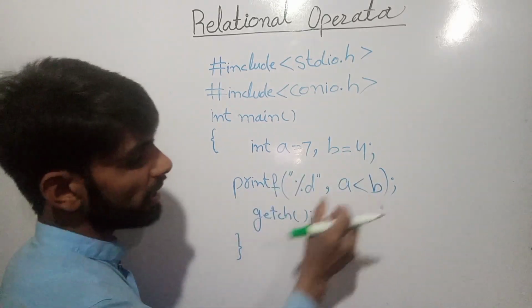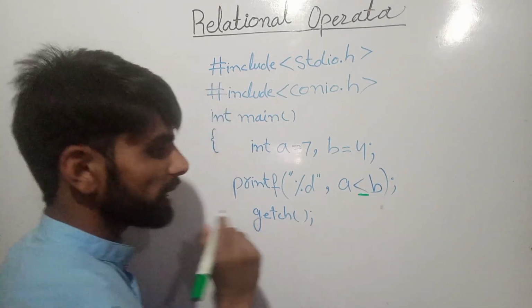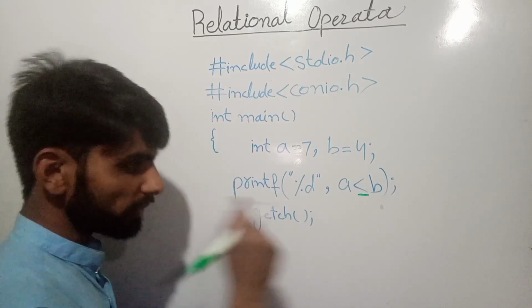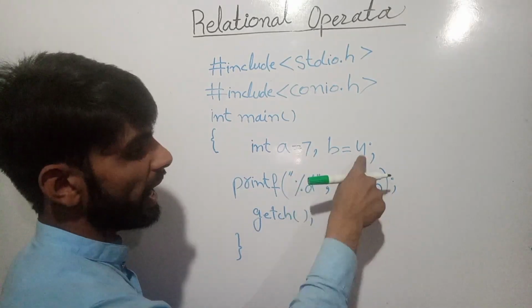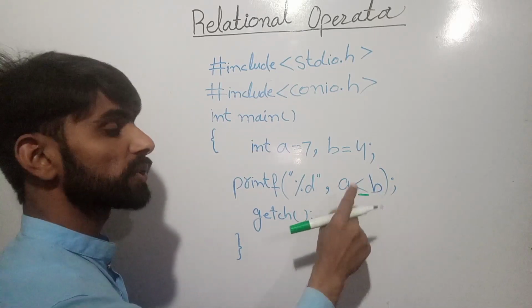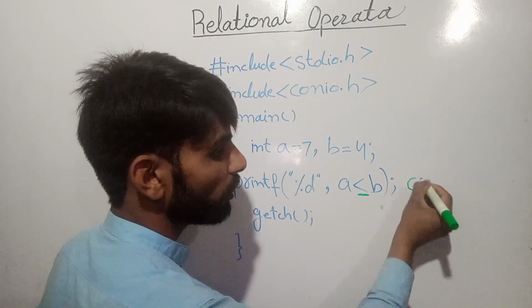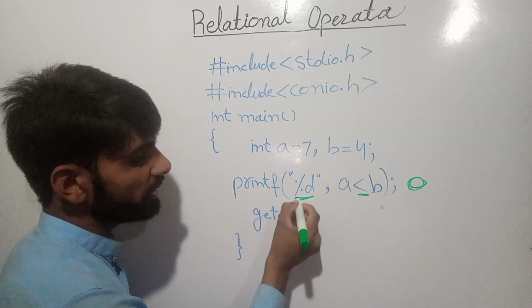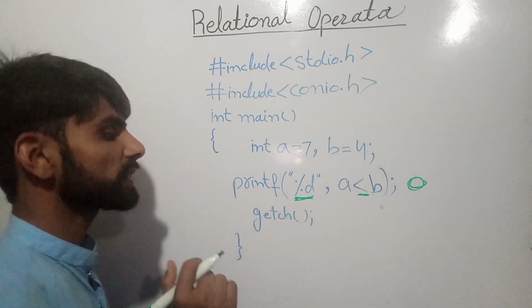We will perform the operation by using the less than operator, which is a relational operator. A less than b, that is 7 less than 4. So in this case the condition is false, and we will get the output 0. I have written percentage d here. Why have I written percentage d?